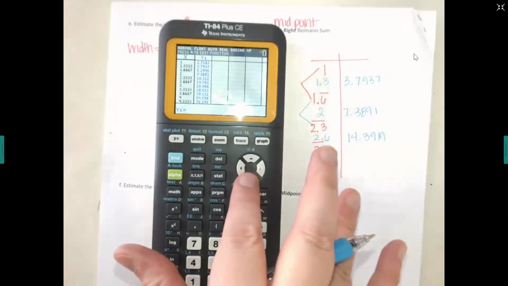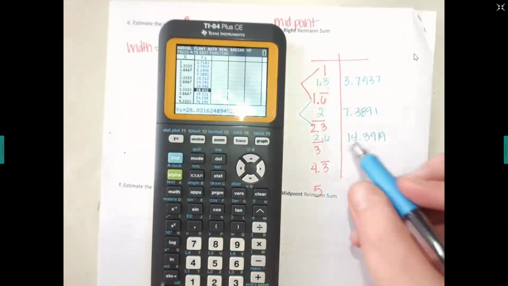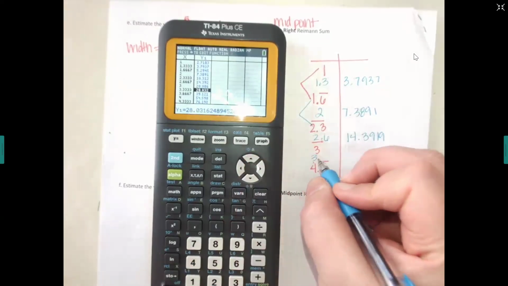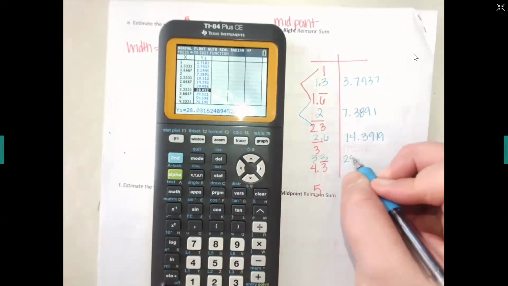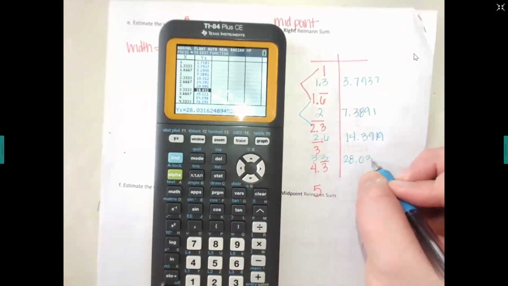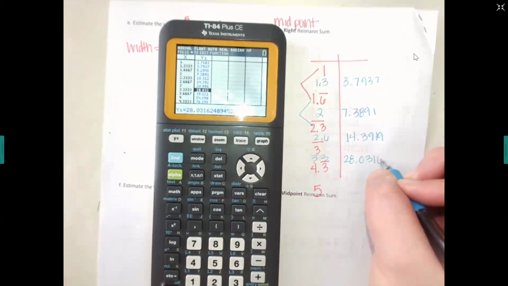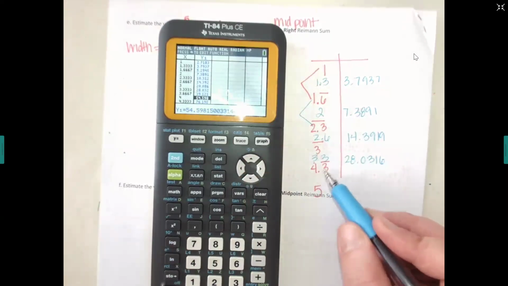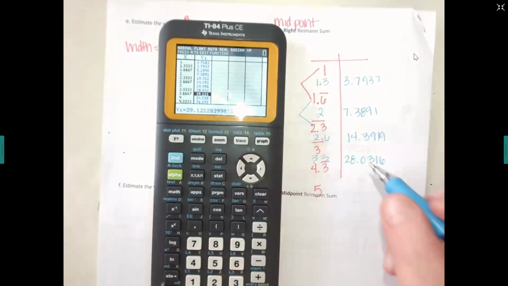Okay, and then the last one that I need is, oh wait, we have two more. Between 3 and 3.6 is 3.3. My Y value is 28.0316. And then before 3.3 and 5, I would want 3.6.